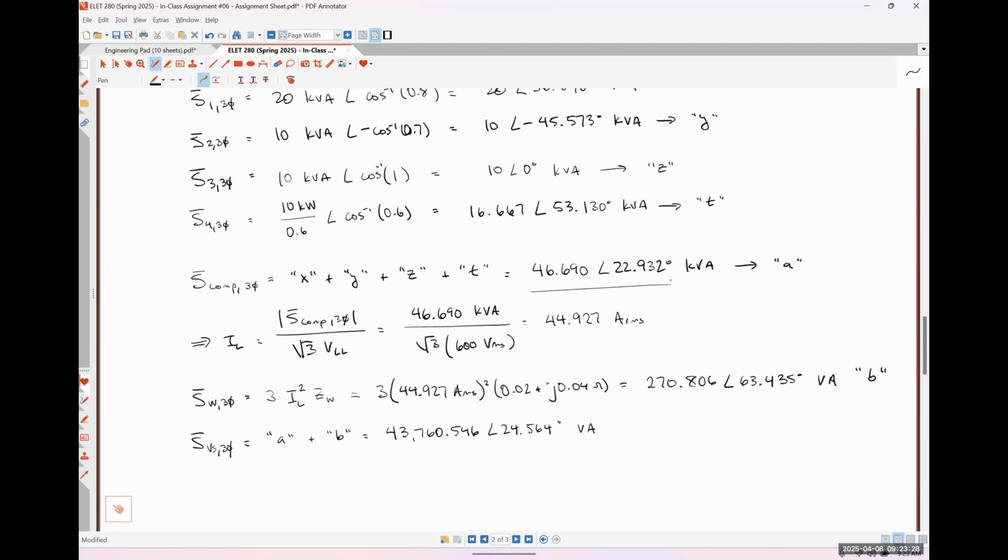Notice that the units here are in kilovolt amperes, so I would take this guy, multiply it by a factor of 1,000, and then add that guy together, because a kilovolt ampere is 1,000 times larger than a volt ampere. The only thing I can think of is that it was a unit problem, unless I typed something in wrong, which is always possible. So if somebody else got something different than me, please let me know.